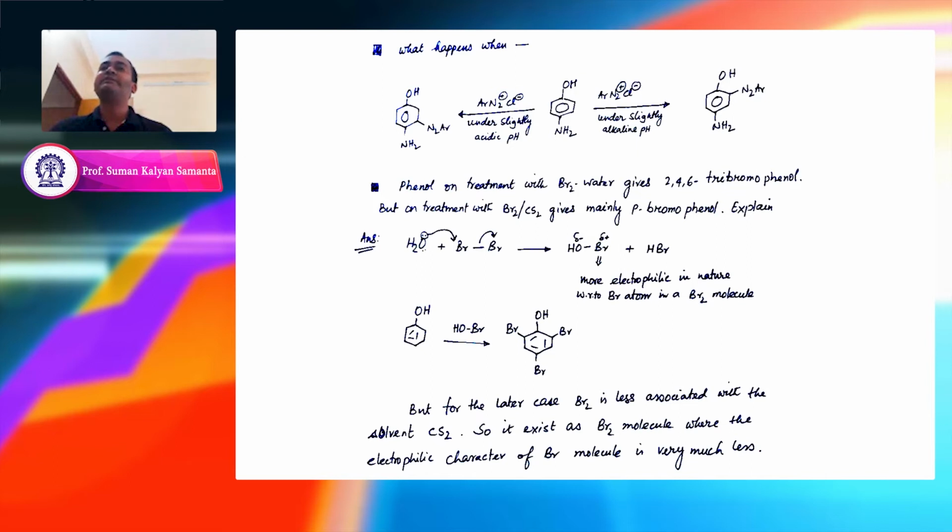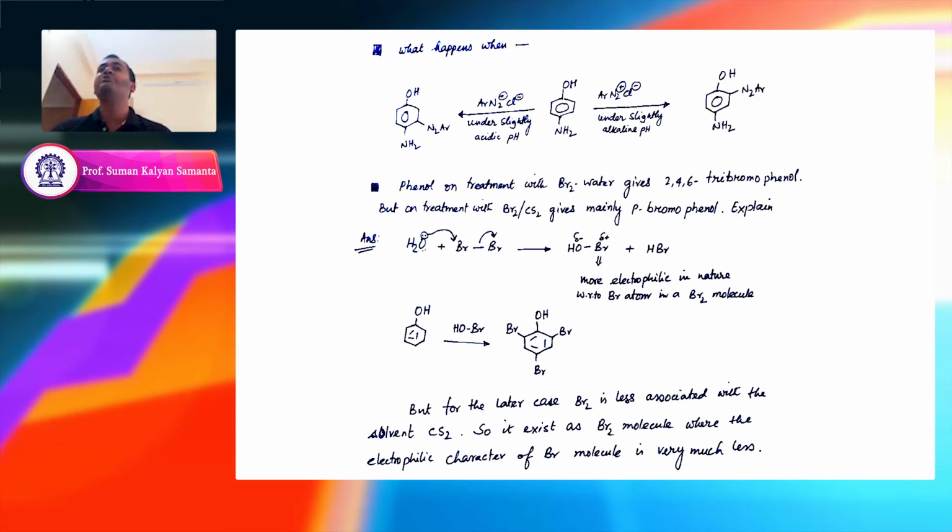But if this reaction is done in slightly acidic pH, your OH will now remain protonated. But your amine, since it is only slightly acidic, has still not become ammonium, it still remains amine, and your lone pair is still free, so it can give its lone pair.